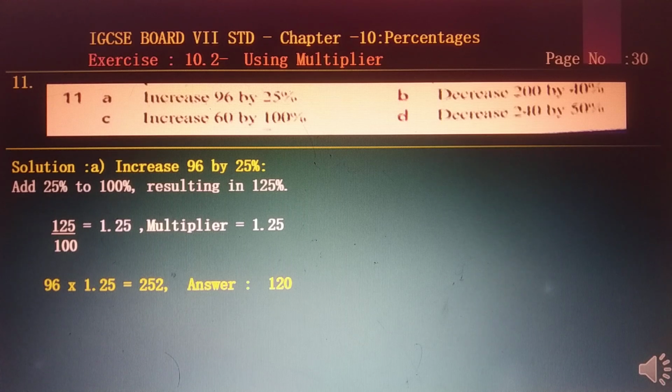The solution of this problem: A, increase 96 by 25%.